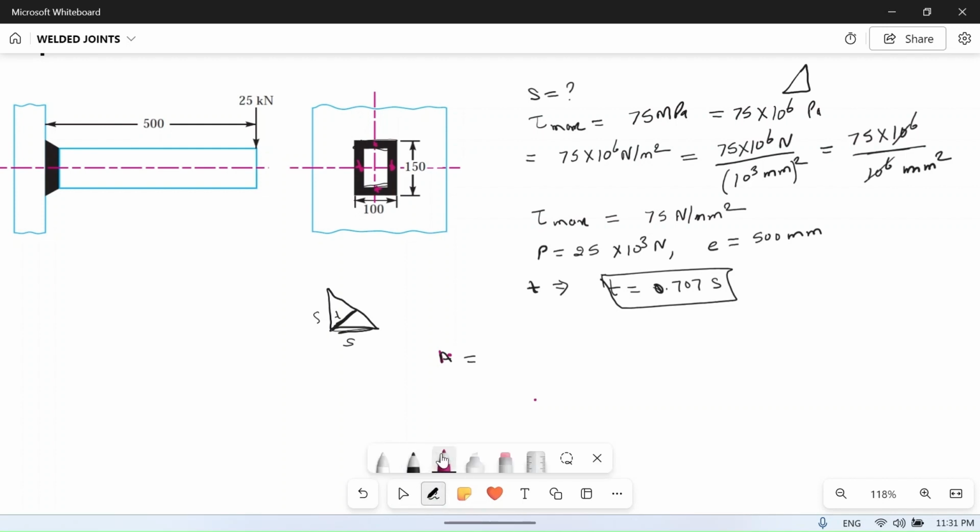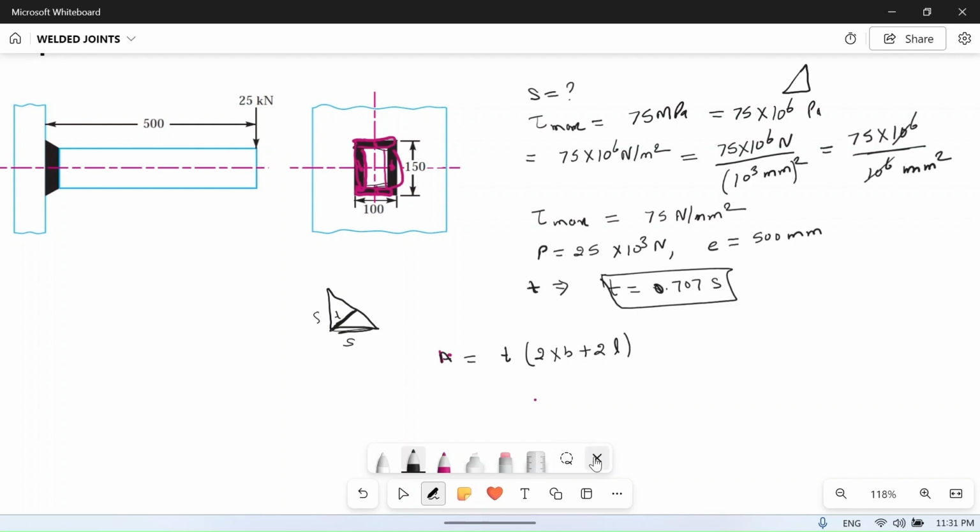There are 4 areas, 1, 2, 3 and 4. These two are same, opposite areas are same. So A is equal to T thickness into 2 into B plus 2 into L. It will be B into T plus B into T plus L into T plus L into T.